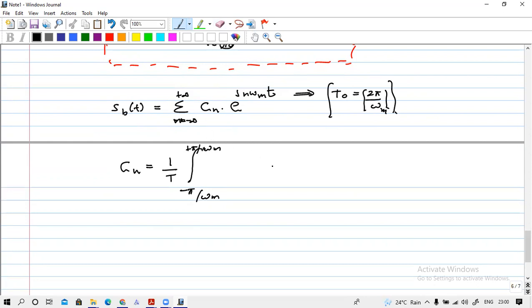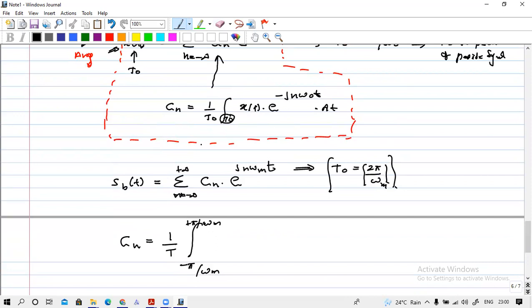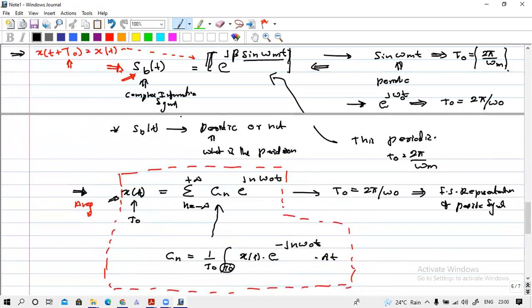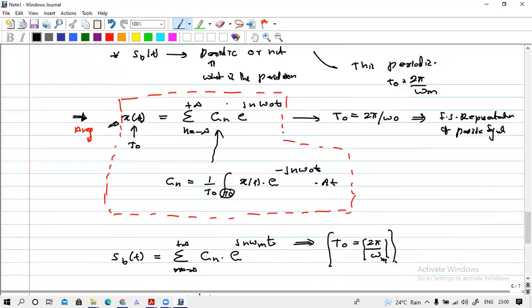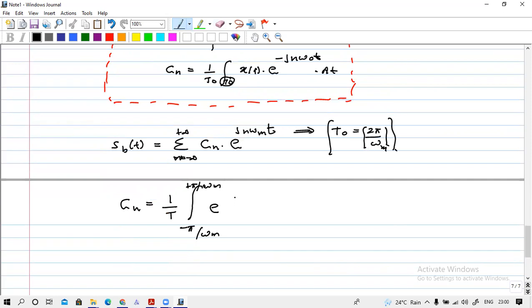So x(t) is equal to s_b(t), and s_b(t) is e to the power j beta sine omega m t, and we have e to the power minus j n omega m t dt. So I have these coefficients.